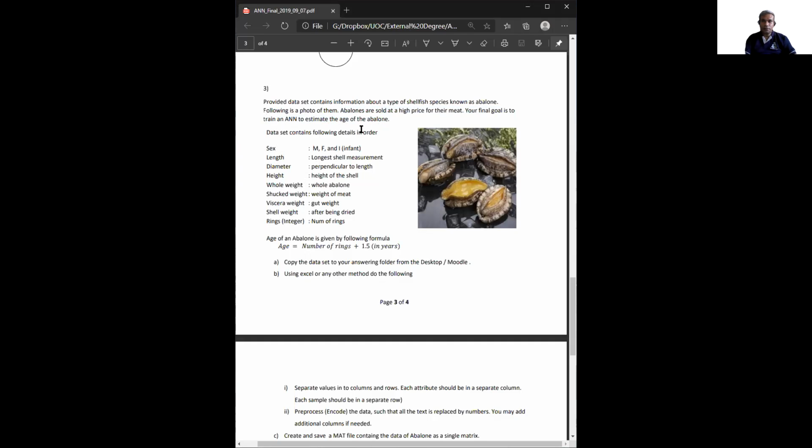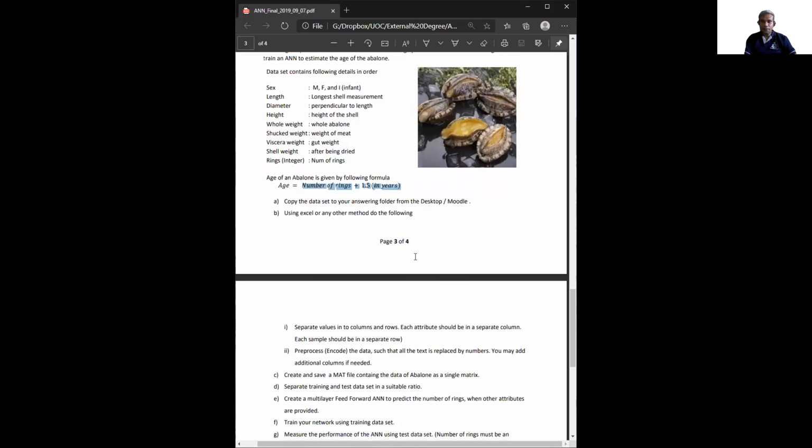You need to calculate the age of the abalone. Now, the age of the abalone is given by the following formula. Age is number of rings plus 1.5, in years. Right?